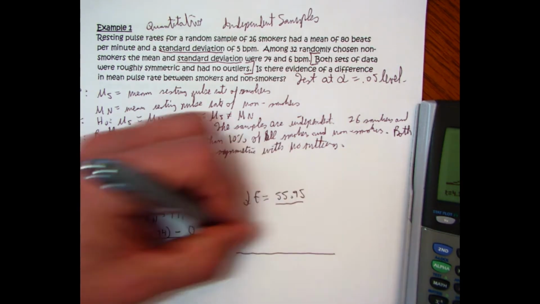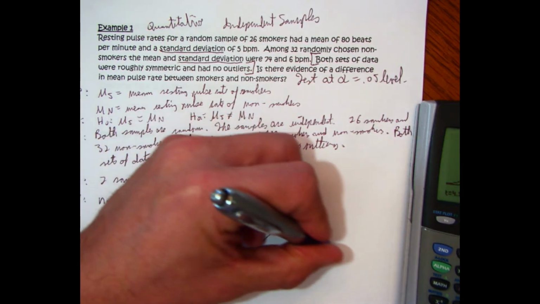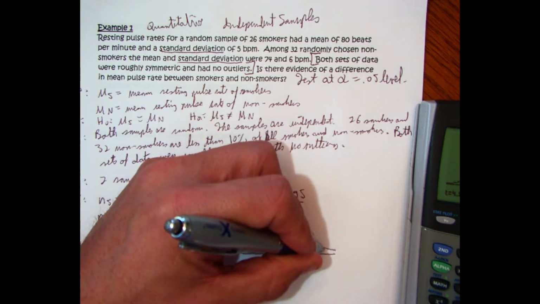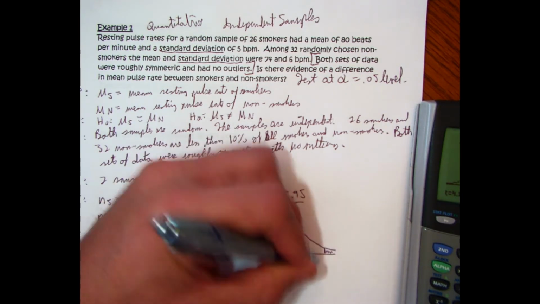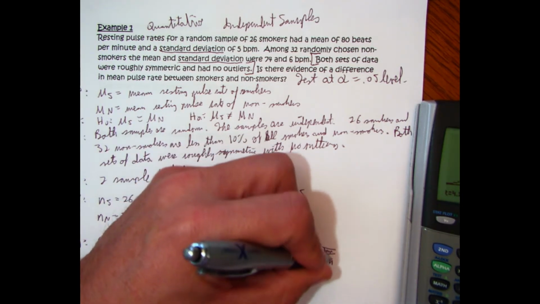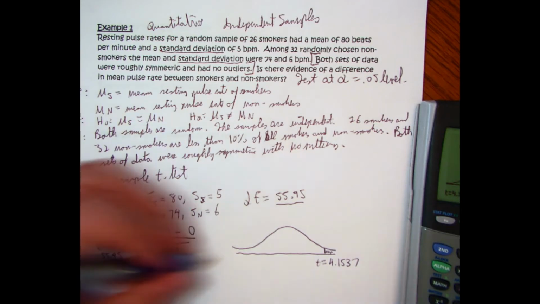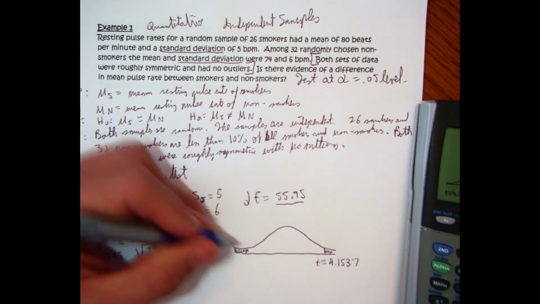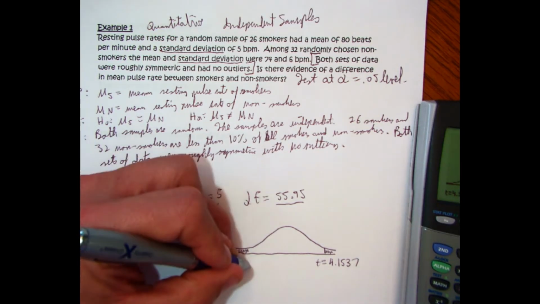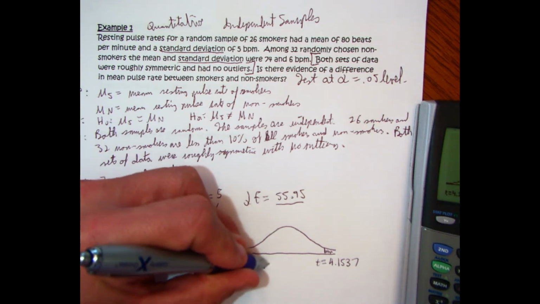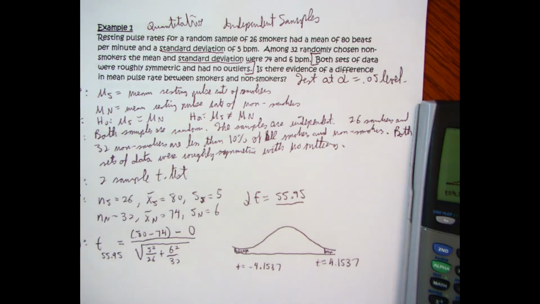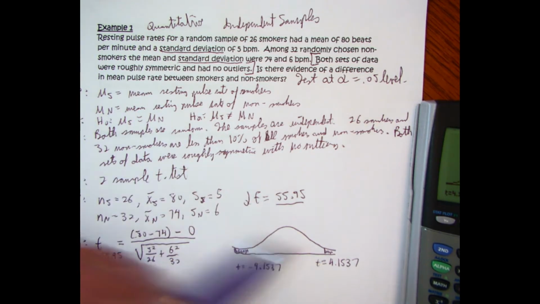So if you just say, oh, it's just t equals 4.1537, and shade over there, it's wrong. That's not right. Because there's also another tail over here, and this is t equals negative 4.1537.